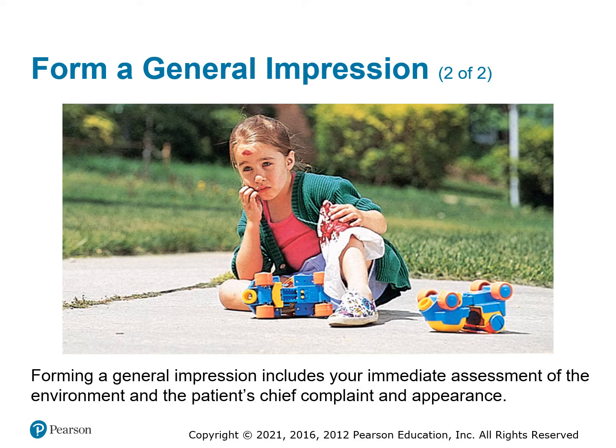So here's the first image to kind of help you just think on what we've talked about already. So if you roll up on the scene, you get called to this little girl that's taking a fall, and you roll up and this is what you see. Kind of look at this and form a general impression based on what you see.